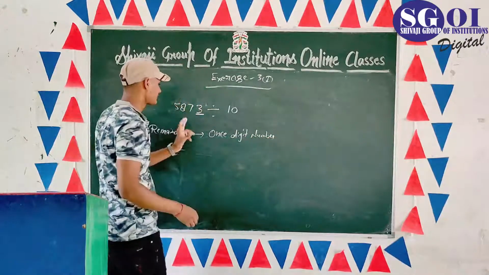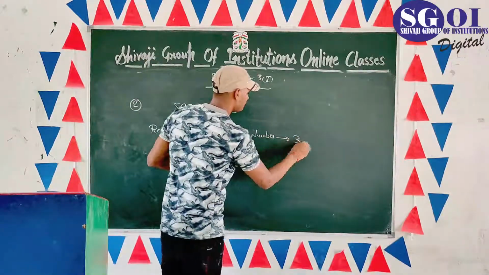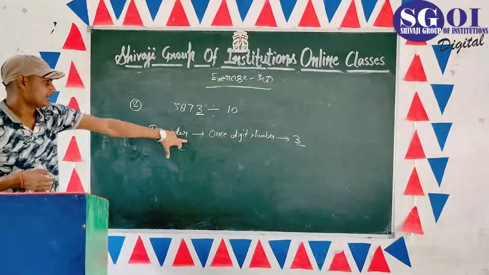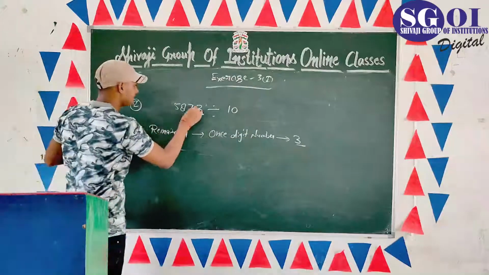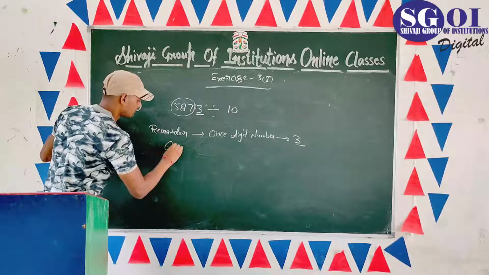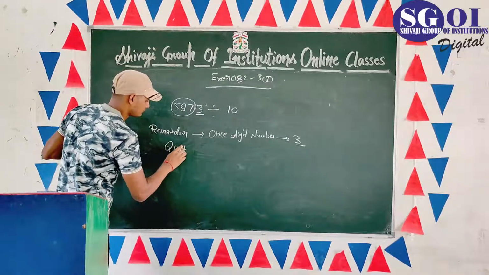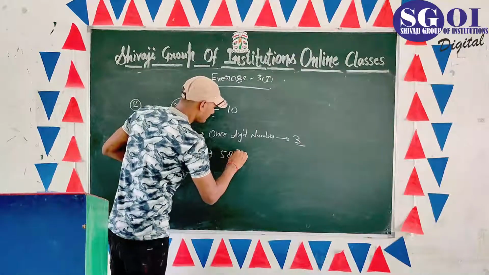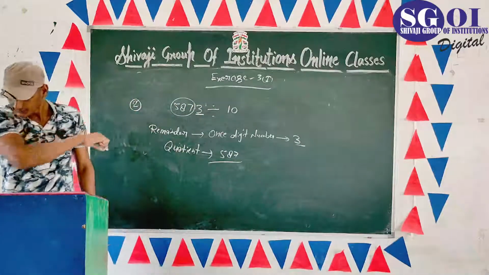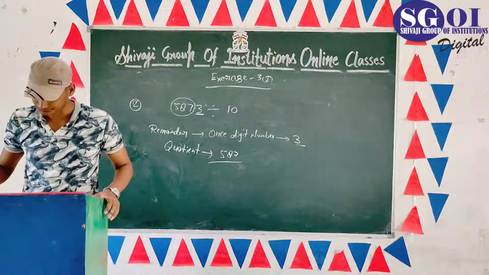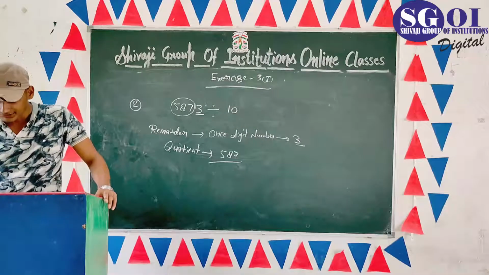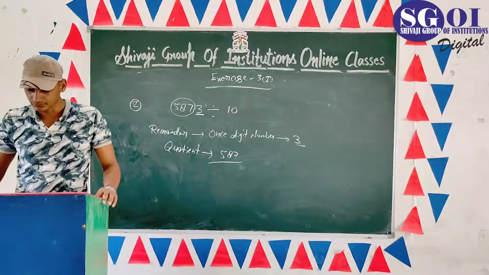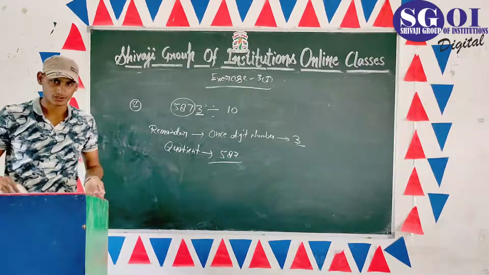Okay, students, the ones digit number is 3. So the remainder is 3, and the left numbers are the quotient. Quotient is 58. Okay, students. Question number 3 is the same as question number 2. Question number 4. Okay, students.